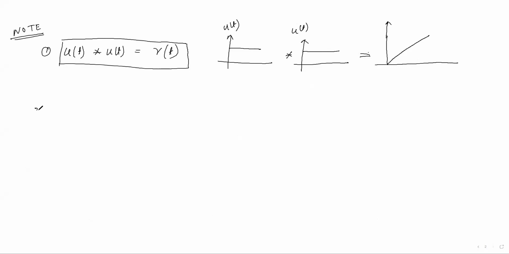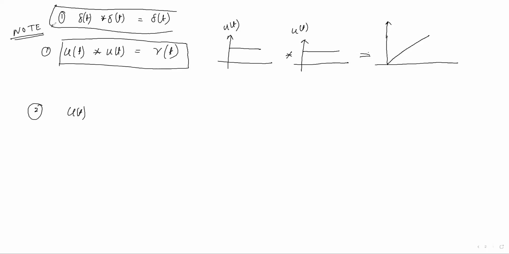And the second property you should also know. First, delta of t convolution delta of t gives delta of t only. These are important, that's why I'm giving them as a separate note. If you take convolution u of t convolve r of t, then you will get t square by 2 u of t.